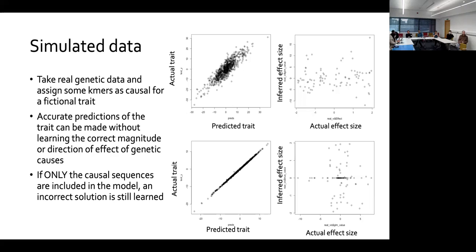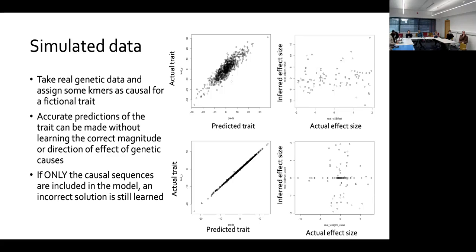Then I asked a machine learning algorithm to take that KMA data and predict a hypothetical trait. So I found that if you do that, a machine learning algorithm can do a pretty good job of accurately predicting the trait. But then when you look at the effect sizes it's learned for each of the different KMAs that I know are causal, the effect size and the direction of the effect were just all over the place.